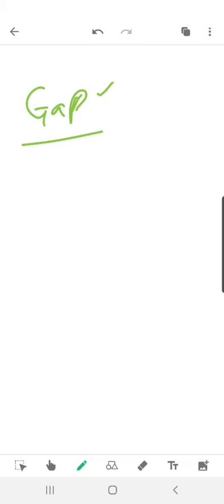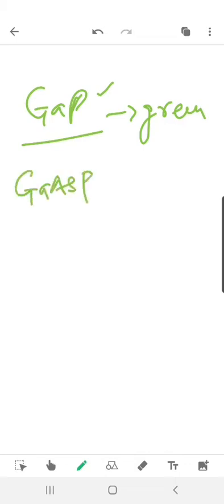If we are using a direct band gap semiconductor gallium and we consider that phosphorus is our dopant, then this gallium phosphide emits green color light. And if I use gallium arsenic phosphide, it will emit either orange or yellow color.